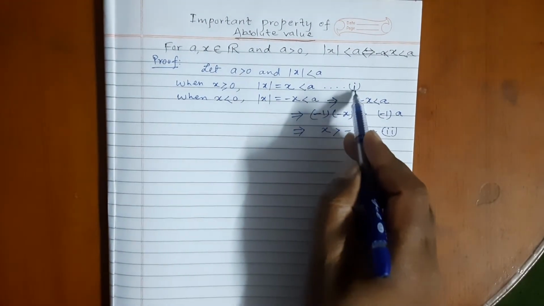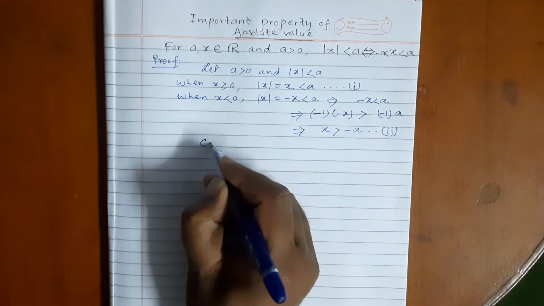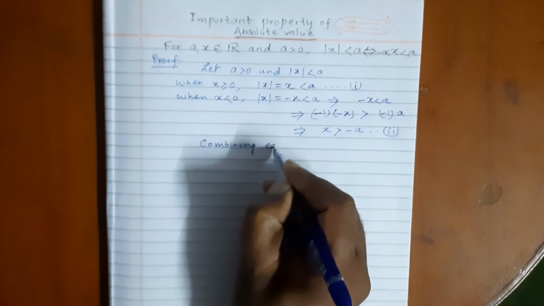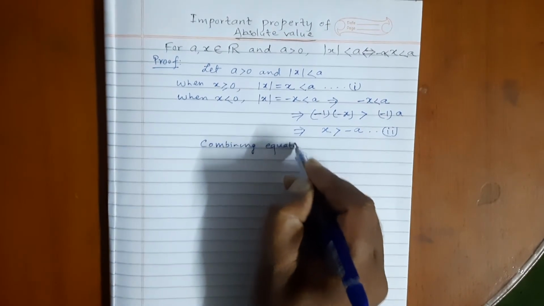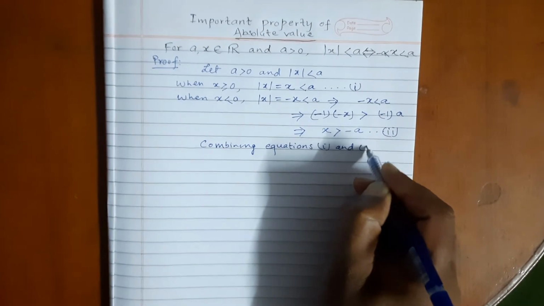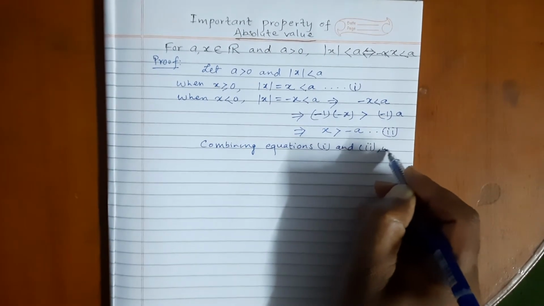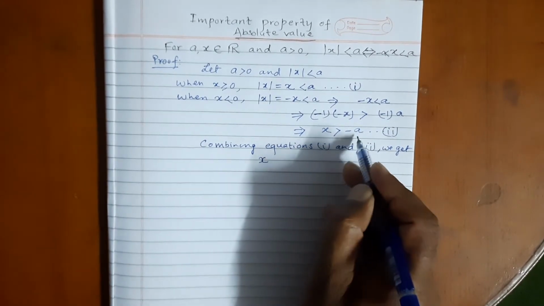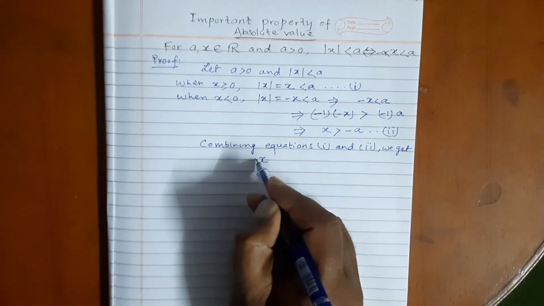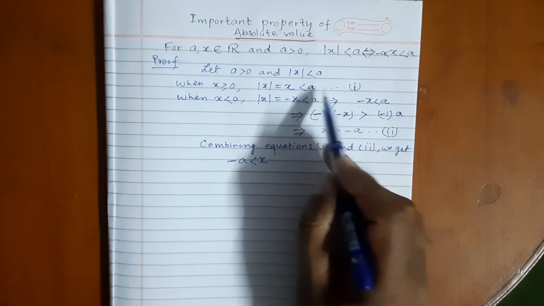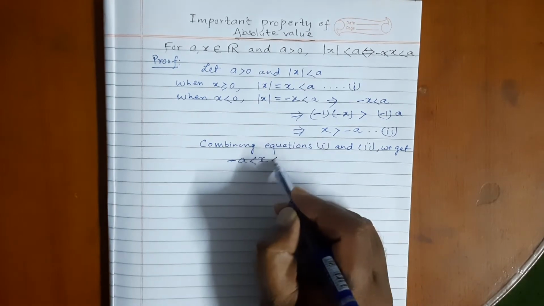Now combining equations 1 and 2, we get: from here x is bigger than minus a, and from here x is lesser than a.